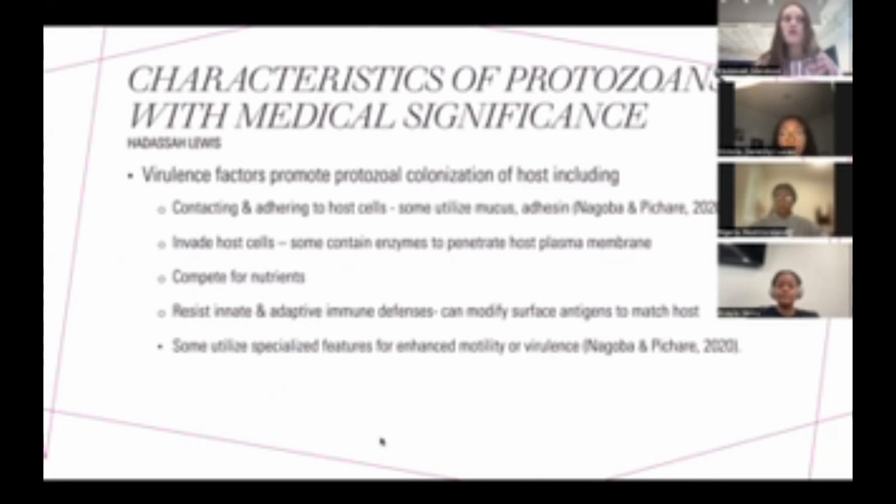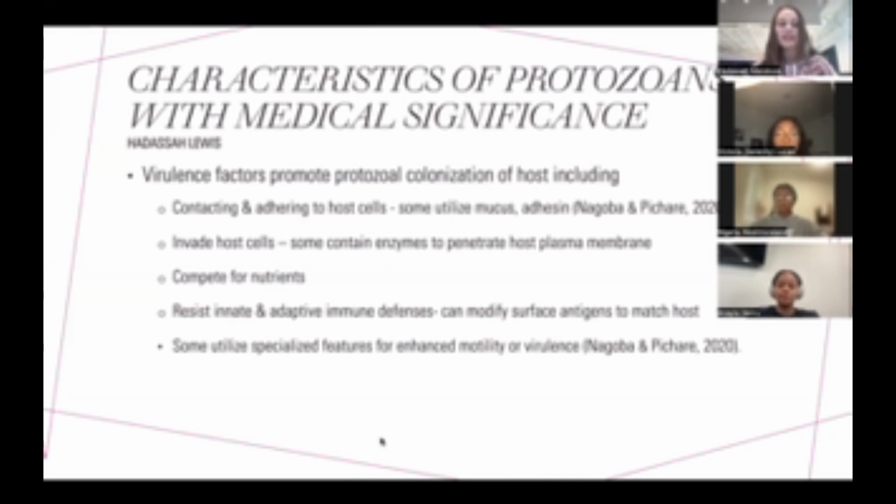One of the most prominent is virulence, which promotes protozoal colonization in hosts and can include the ability to contact and adhere to the host cells, some of which utilize special features such as mucus and adhesin proteins, and the ability to invade host cells, including some with the unique ability to use enzymes to degrade and penetrate the host plasma membrane, allowing genetic material to be copied and the parasite to spread, to compete for nutrients. Some have various other enzymes to kill off the competition.